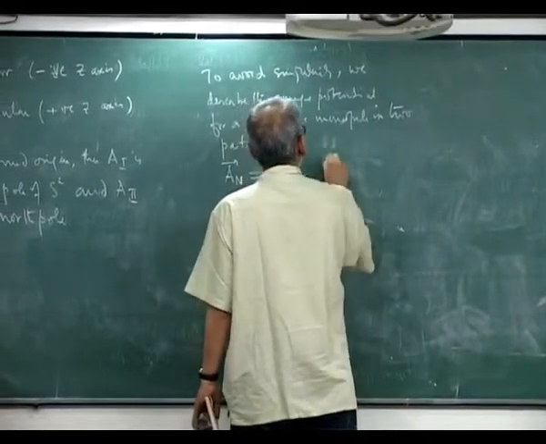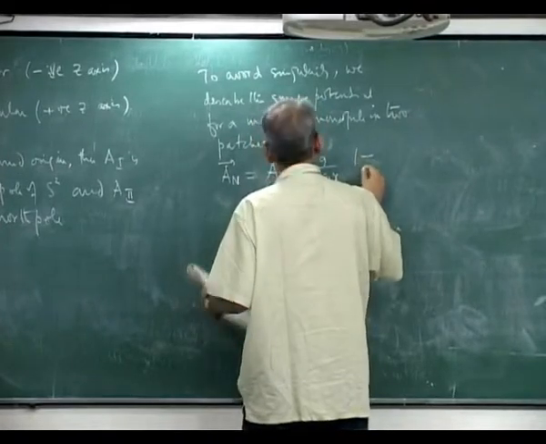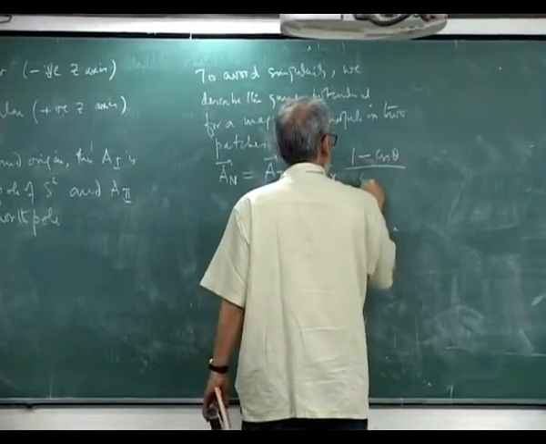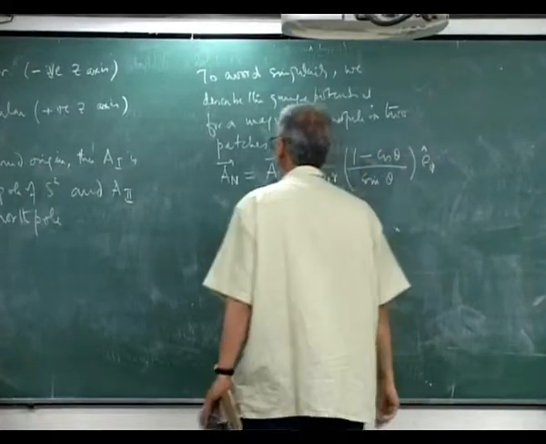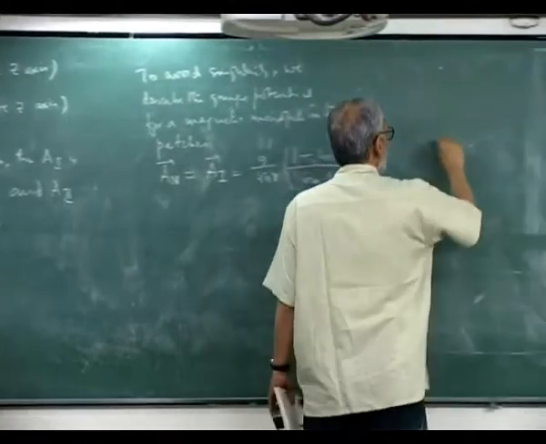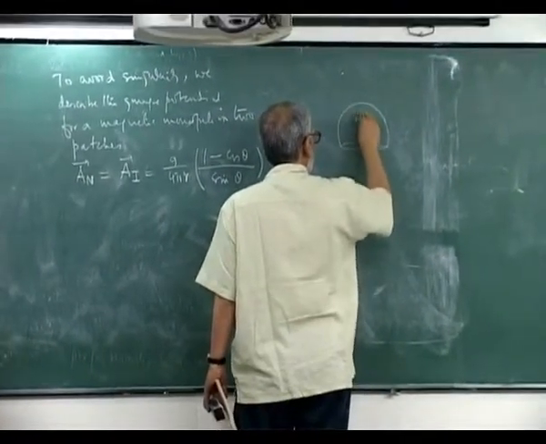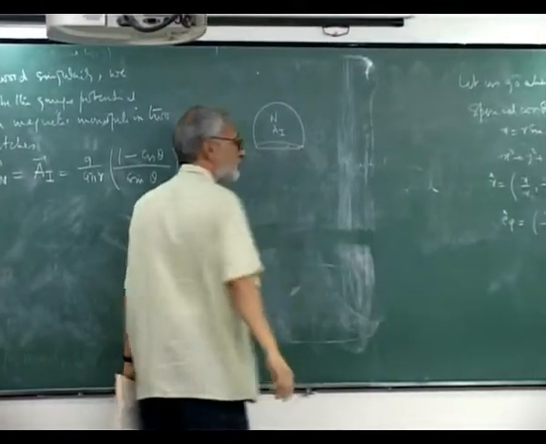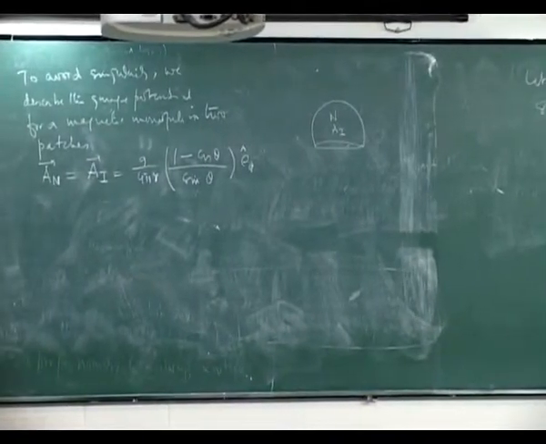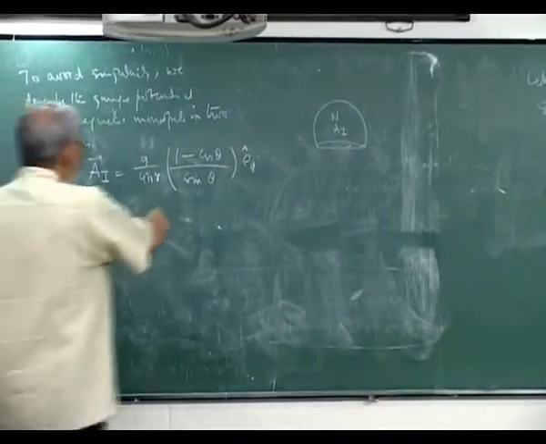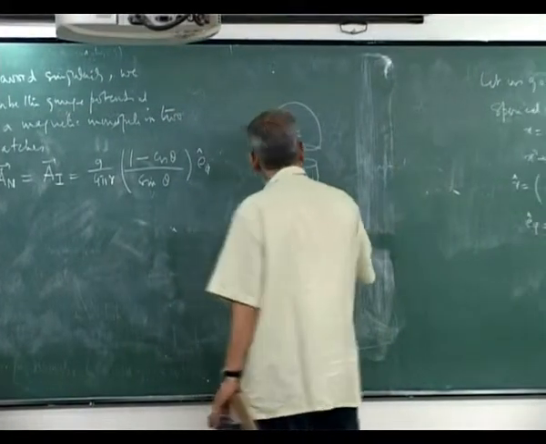And A1 was g by 4 pi r, 1 minus cosine theta by sine theta, E phi. So this is my northern hemisphere and I define it by A1. And this object has a singularity at the south pole.